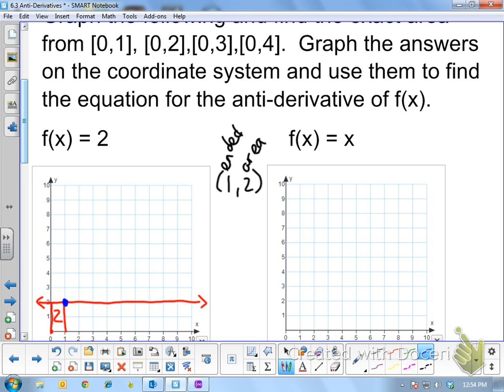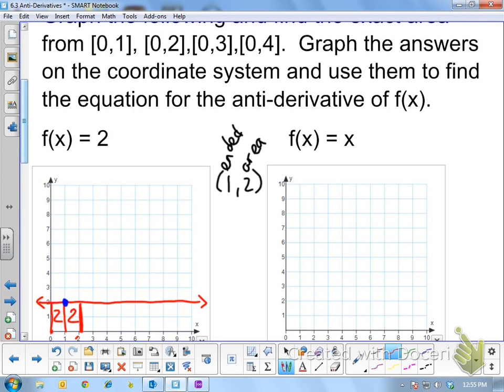So now let's add a little bit more area. Let's go a little bit further. Instead of from 0 to 1, let's go from 0 to 2. Well, we've already considered this area, so I just need to add this extra area. How much more area do we have? 2 more.